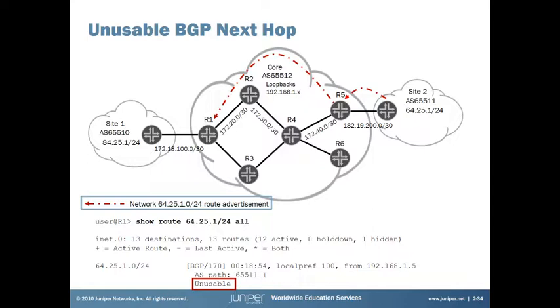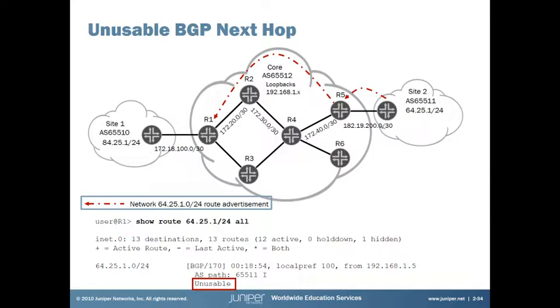The main point is that the default behavior of internal route advertisements is that the next hop is not updated. Next hop information is not updated when the route is advertised, which causes a problem, because R1 gets that route and it still has the original next hop, which is over in site 2, and R1 has no reachability information to that next hop.